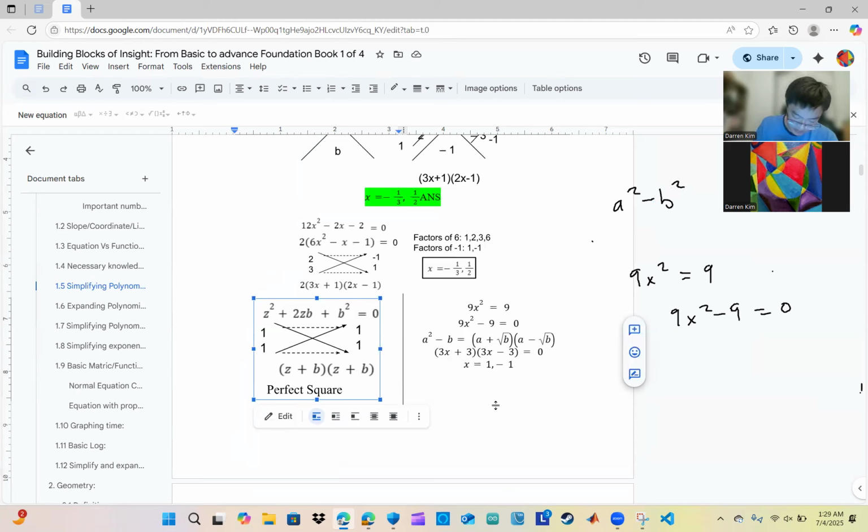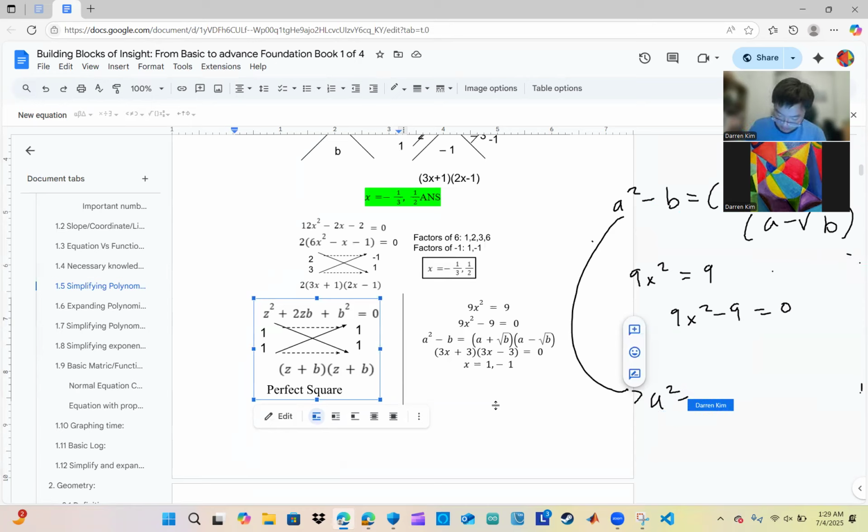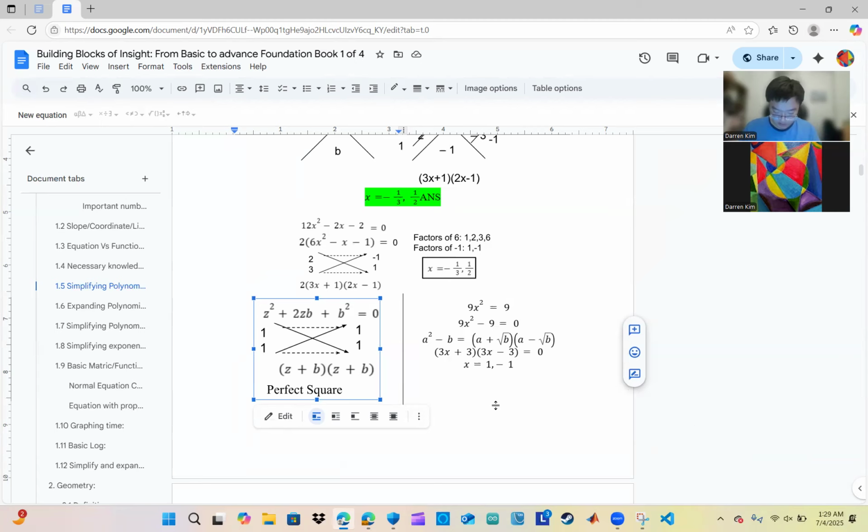For some reason I chose to leave the b as just b. It equals a plus square root of b, parentheses a minus square root of b. It's the same thing as saying a squared minus b squared, which would also equal a plus b, parentheses a minus b. You get the point. And then you get a simplified thing over here because of that relationship.